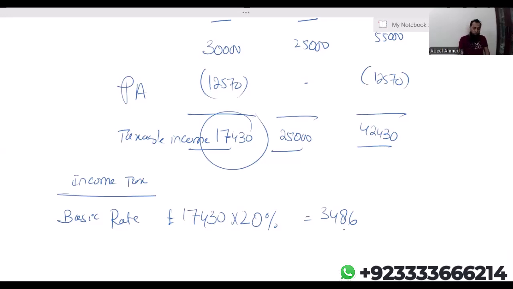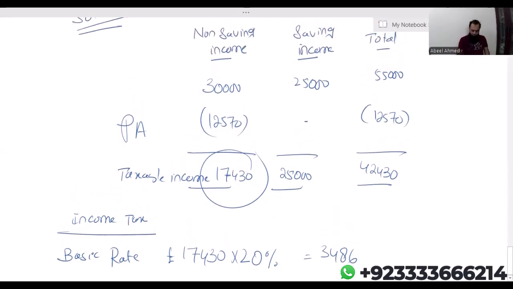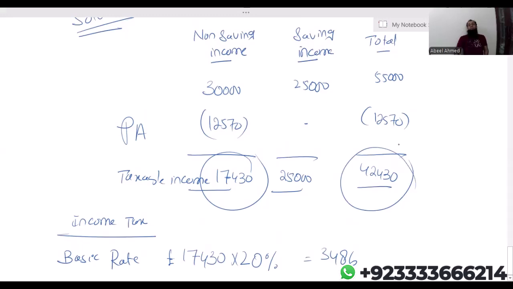How do we decide the individual tax paying status? Look at the last column of the answer, total. The total taxable income is 42,430, which is more than the limit of basic rate band.